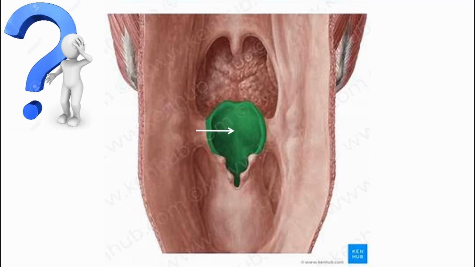When you swallow something, this epiglottis comes down and closes the larynx so that food can come down into the esophagus. When you are not swallowing, or when you are breathing, of course, this epiglottis opens and air gets into the larynx.